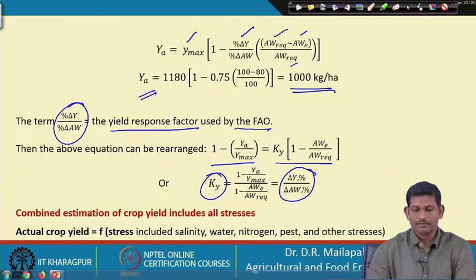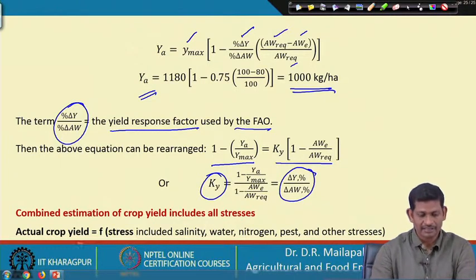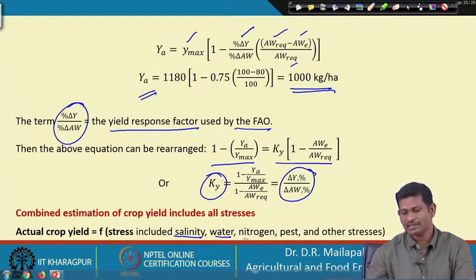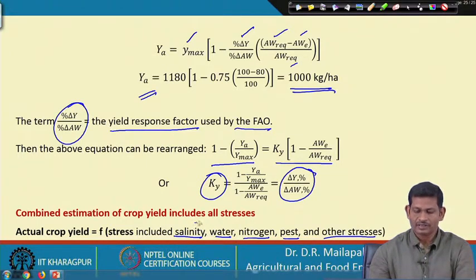Knowing the yield reduction due to different stresses, the combined yield can be estimated. It is a function of the stresses including salinity stress, water stress, nitrogen stress, pest stress and all other stresses. These are all in percentages.